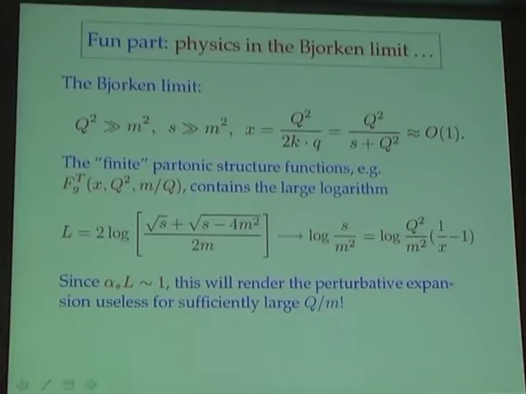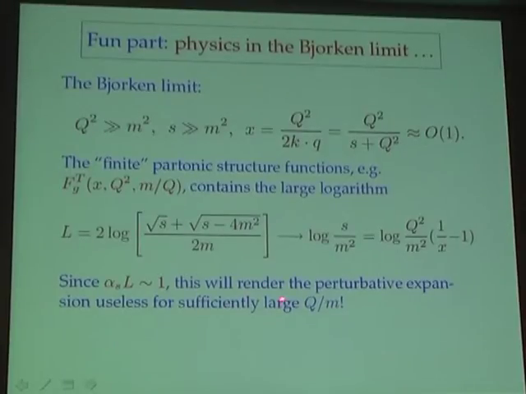You can do a perturbation calculation to the third order, fourth order, but it doesn't do you any good. And that is why the other part, the infrared safety and factorization, is absolutely crucial for you to produce any prediction from QCD. All right?